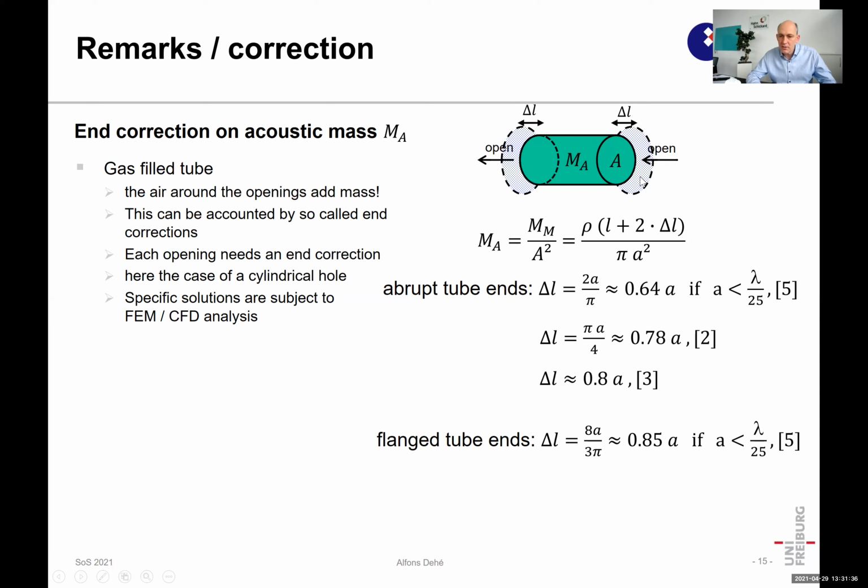And you can imagine these extensions, which are in the order of the radius of the device, get interesting the shorter the tube is. So finally, if you had not a tube, but only maybe a hole in a wall, this could be described mass-wise with nearly only these extension formulas.